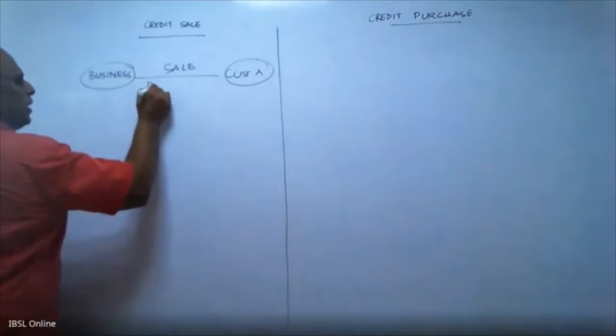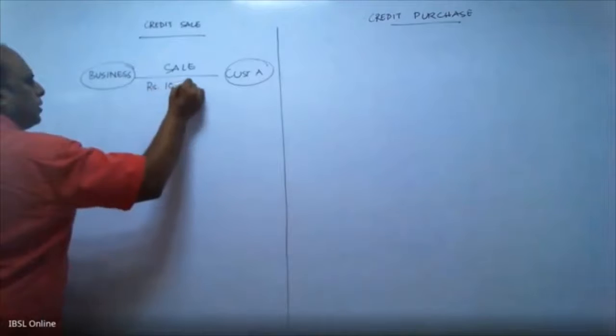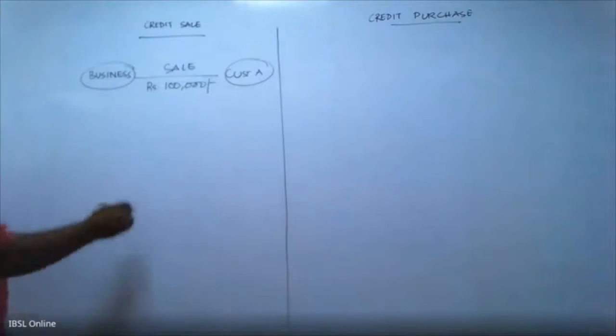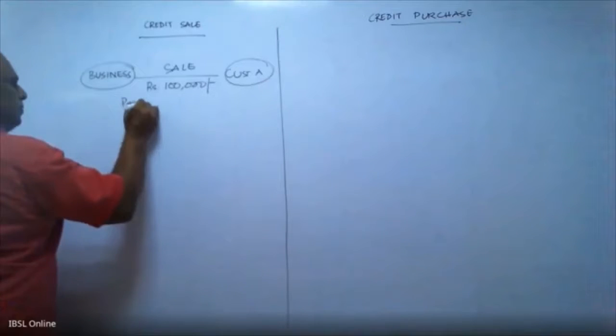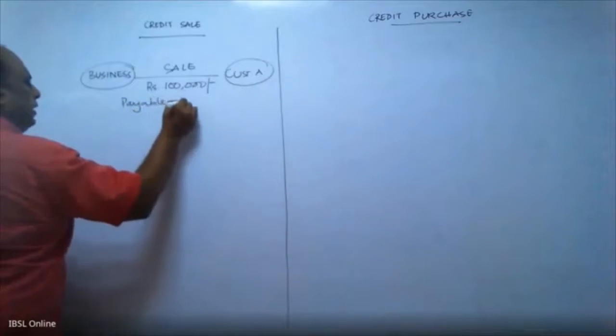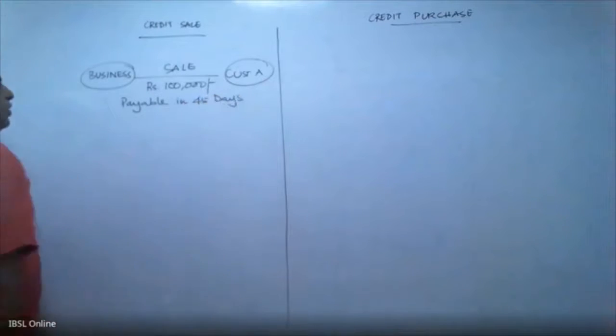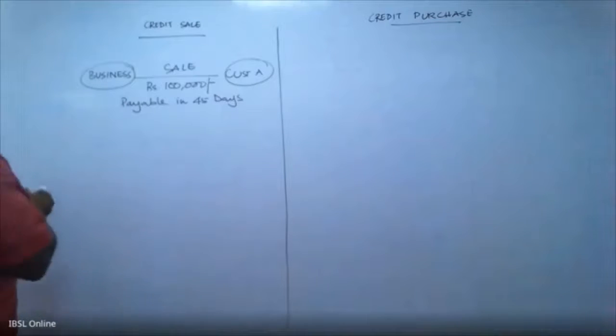Let's say you do the sale for 100,000, payable in 45 days. So this 45 days is the credit period that you have offered.